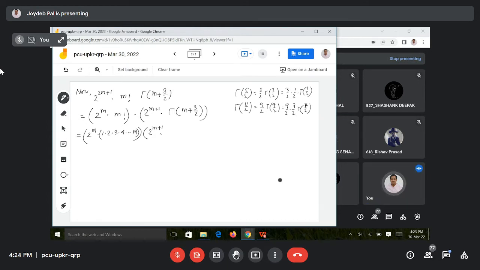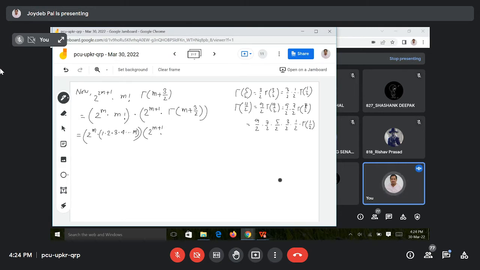Then gamma 7 by 2 can be written as 5 by 2 gamma 5 by 2, and in that way the next term will be 3 by 2, then 1 by 2, and it stops here, right?